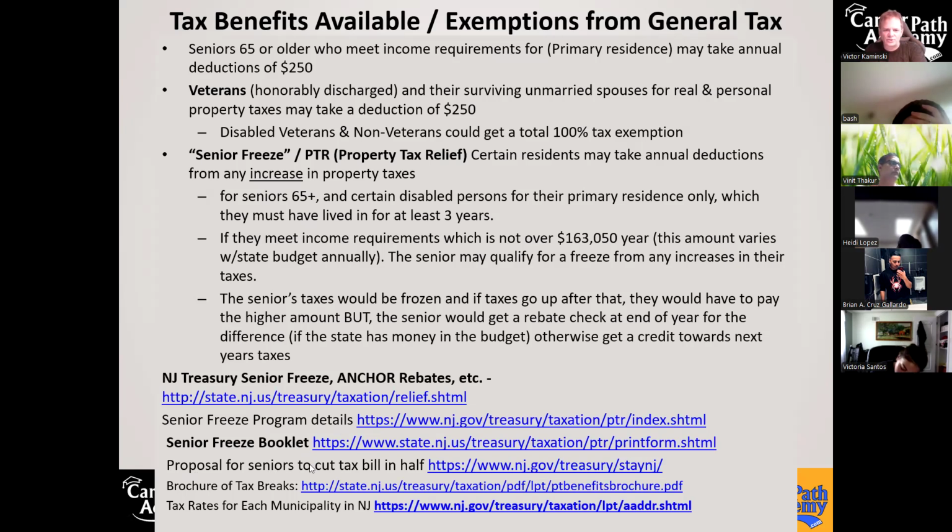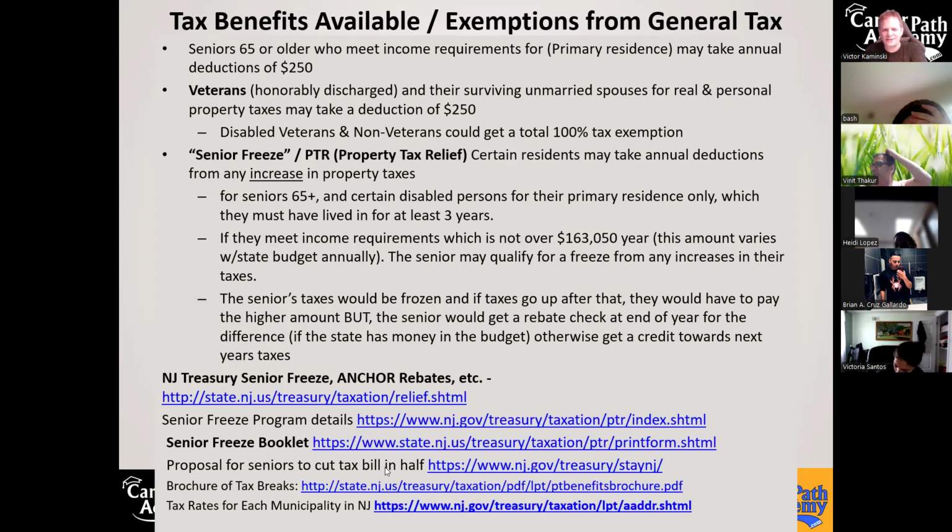There was a proposal to cut the property tax bill in half. It's called the Stay NJ program. It was originally going to be to remove the tax for seniors, so seniors do not have to pay property taxes in New Jersey.